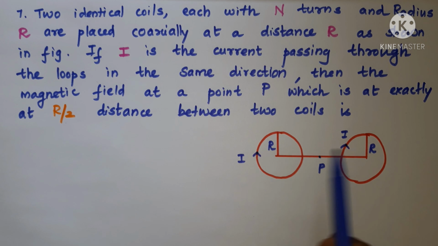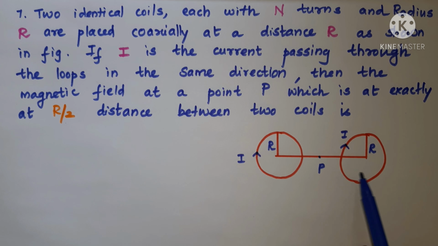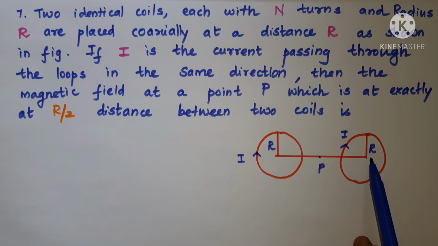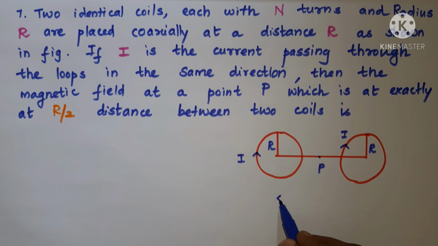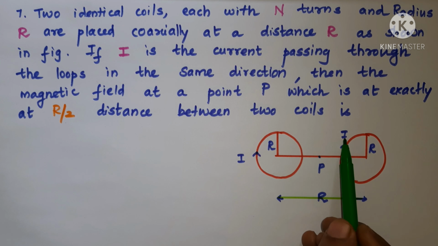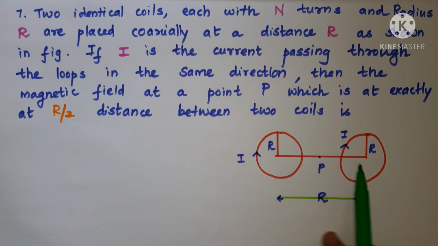So we have two coils with n number of turns and radius r, placed coaxially at the distance r. From here to this point, the distance is r. If I is the current passing through the loops in the same direction, then the magnetic field B at the point P, which is at exactly r by 2 distance between the coils, is to be found.